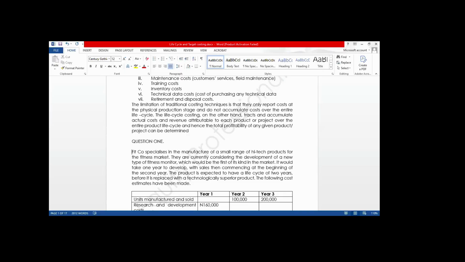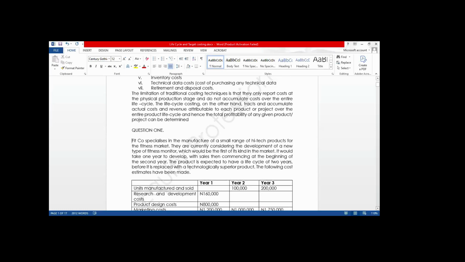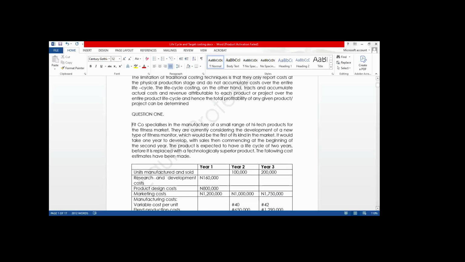Fitco specializes in the manufacture of a small range of high-tech products for the fitness market. They are currently considering the development of a new type of fitness monitor, which would be the first of its kind in the market.